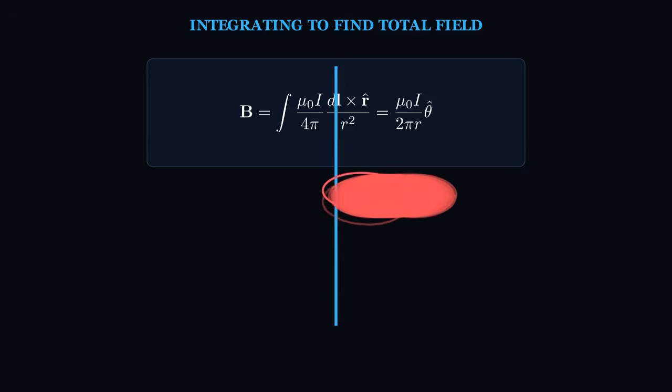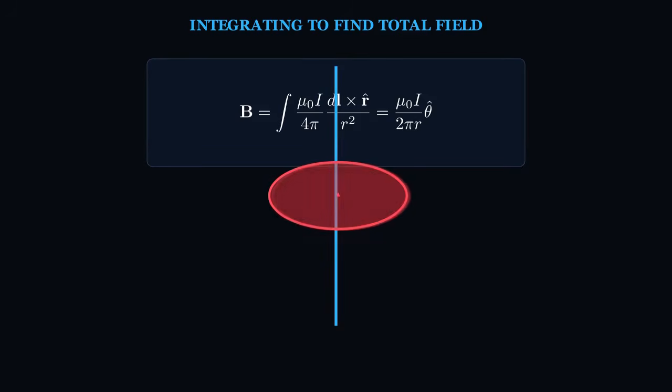However, a single tiny segment of wire is never alone. To find the field of a real object, we have to account for every single segment of the wire simultaneously. Calculating the total field requires us to perform a line integral. Integral I dl cross r hat over r squared, summing up the contributions from every dl along the entire path of the current.